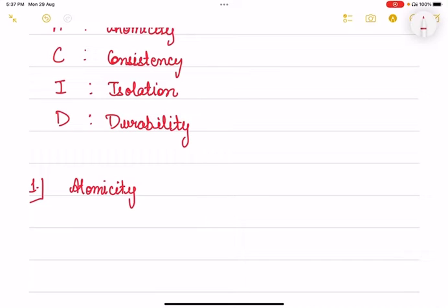What does this property say? This property says that the entire transaction takes place at once or doesn't happen at all. Let me write this.